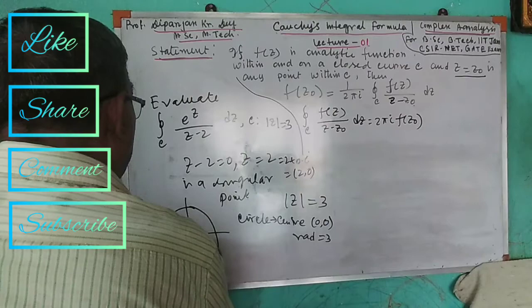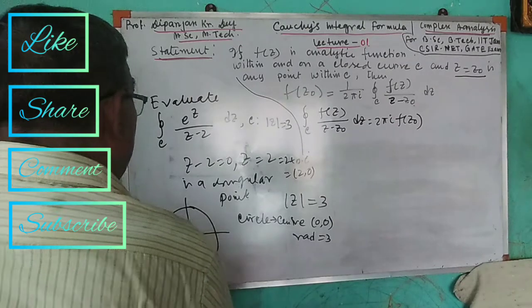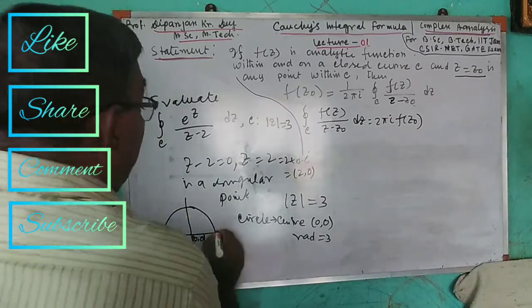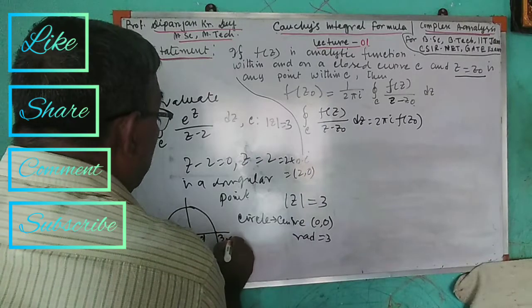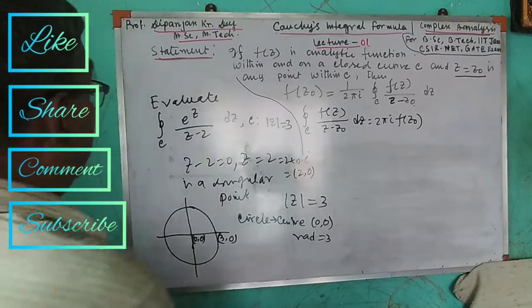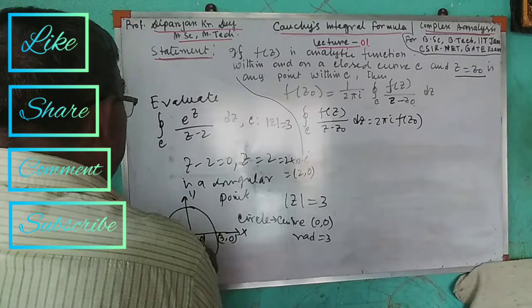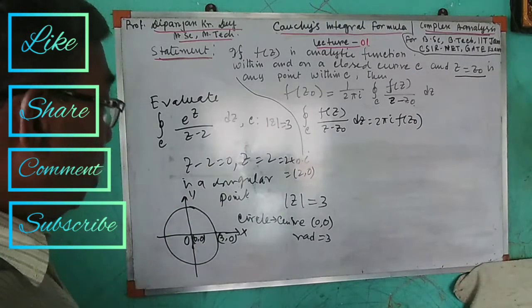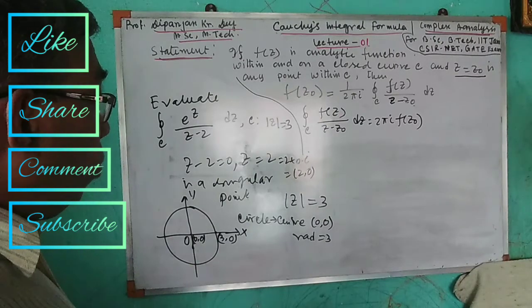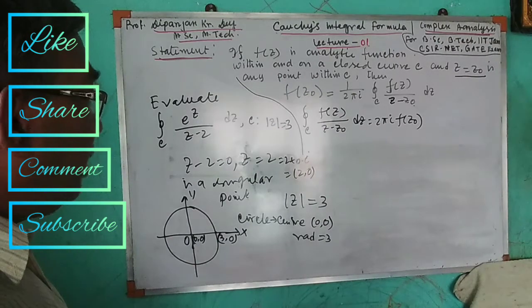This point is (3, 0), because 3 is the radius. This is the x-axis, this is the y-axis, and this is O. Now you see whether the singular point is inside the circle.